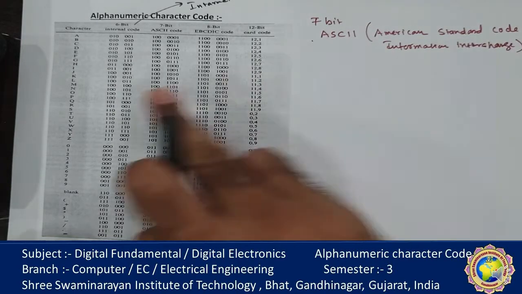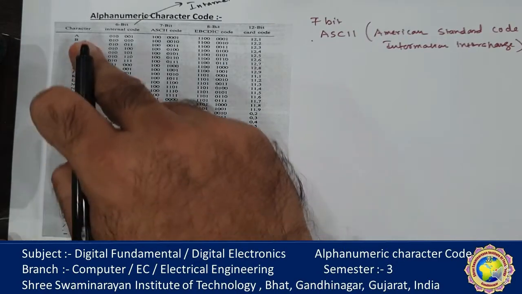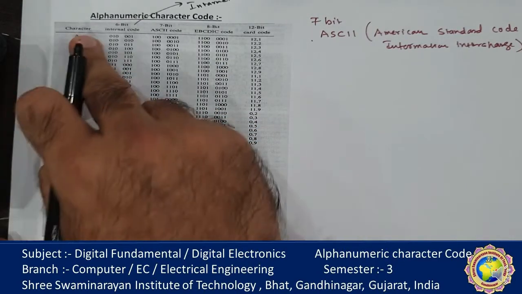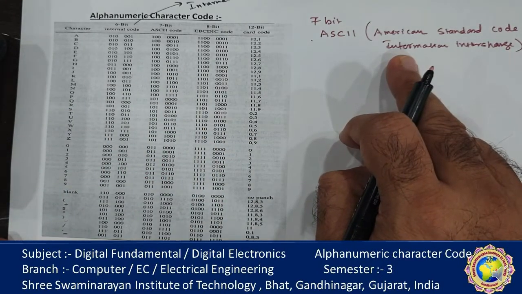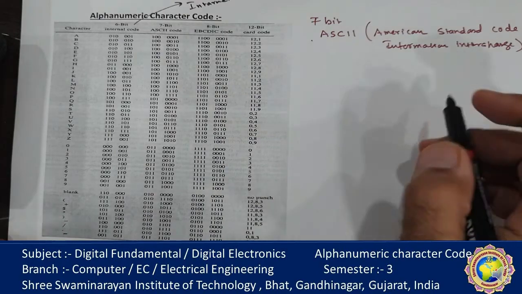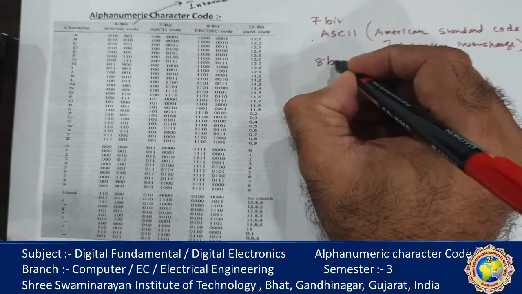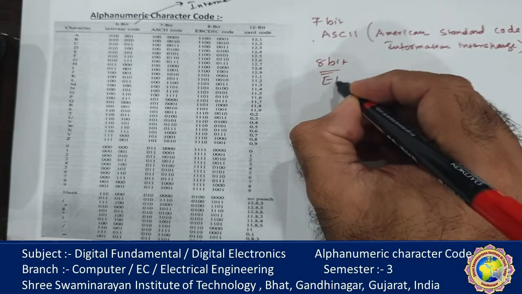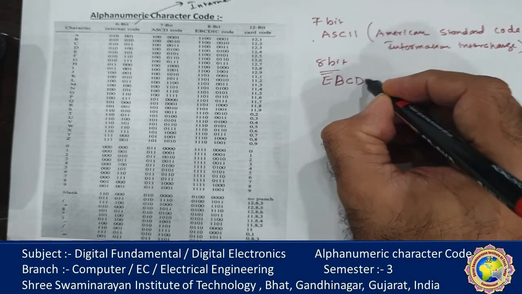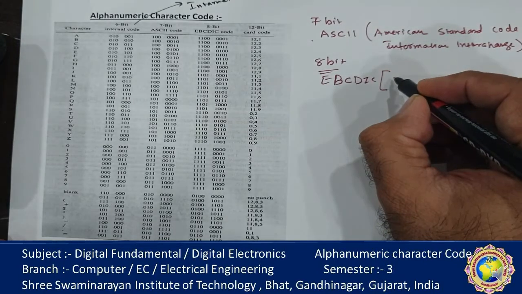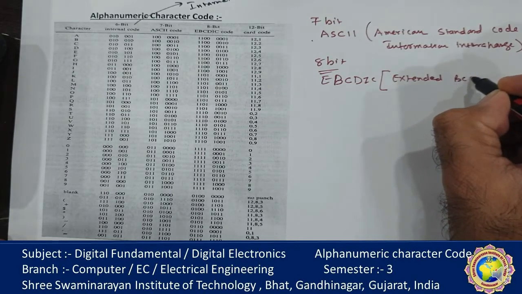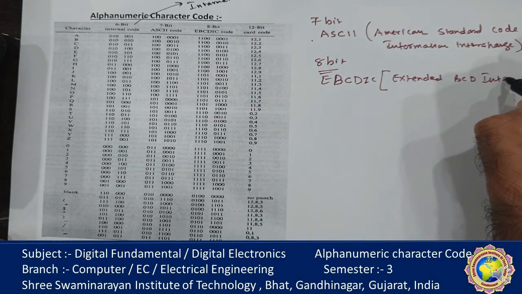The difference is that the internal code is connected only with the uppercase alphanumerics, while ASCII includes lowercase and control signals. Similarly, there is another popular 8-bit code, EBCDIC, known as Extended BCD Interchange Code.